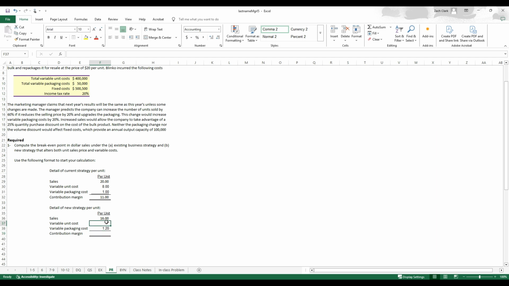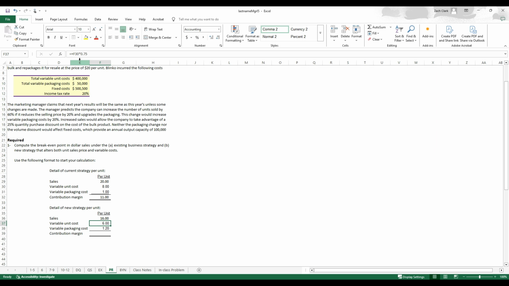And then our variable unit cost, it tells us we can reduce those costs by 25%. So if we take $8 times 0.75, that'll bring our variable unit cost down to $6. And that 0.75 was the taking advantage of the 25% quantity purchase discount.